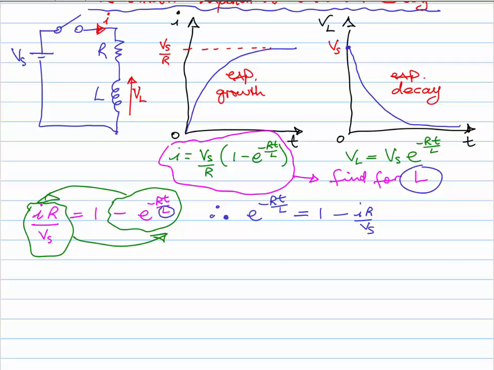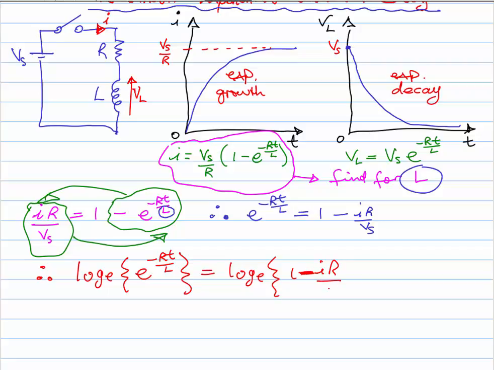So therefore log to the base e of e to the minus RT over L is log to the base e of 1 minus IR over Vs. Close that bracket.